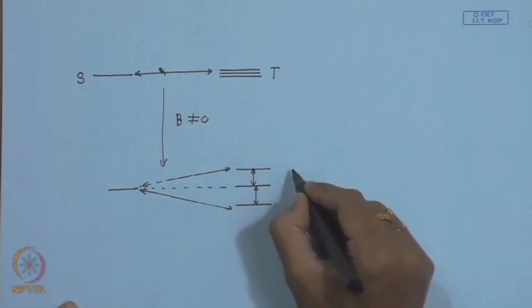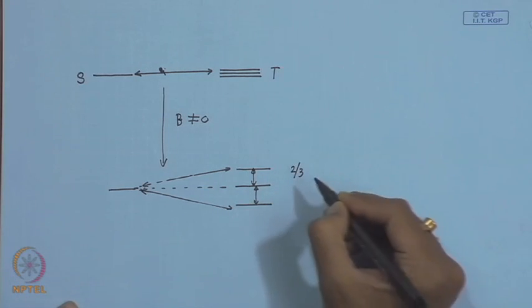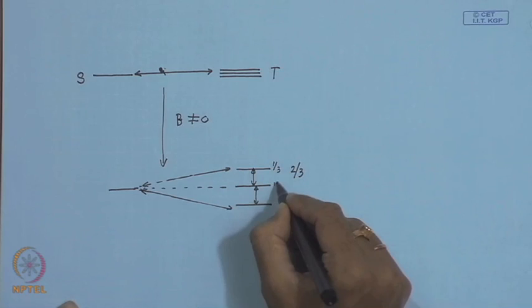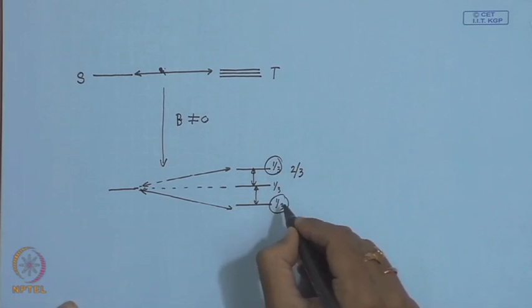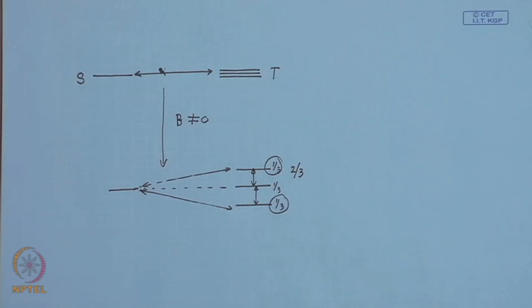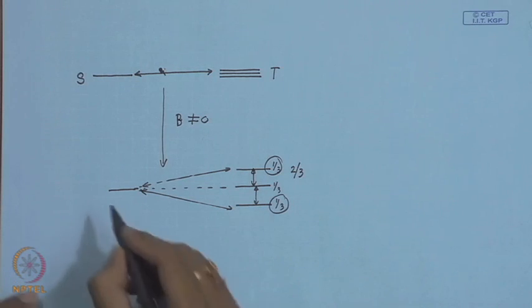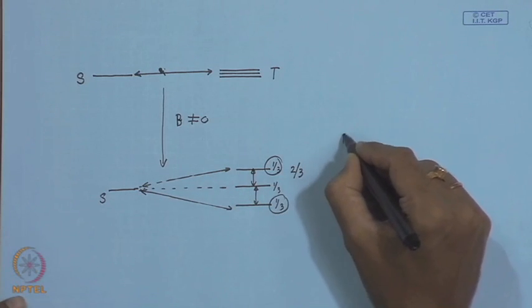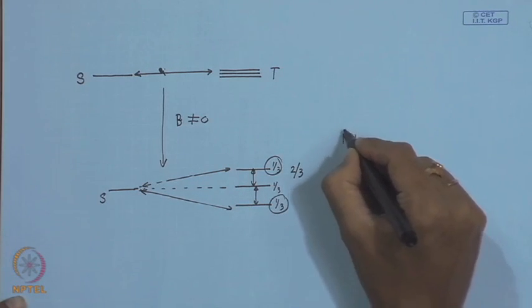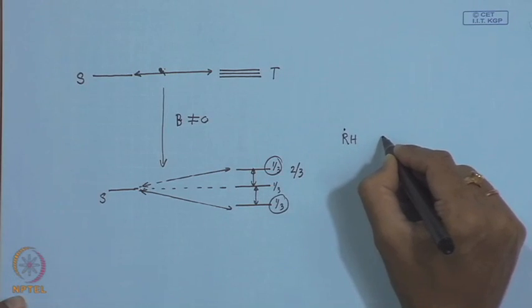So, this is 1/3, this is 1/3, this is 1/3. These two-thirds of the total triplet population cannot now get converted to singlet. So, they will not recombine. Recombine means, say, R H, say dot plus another R dot.